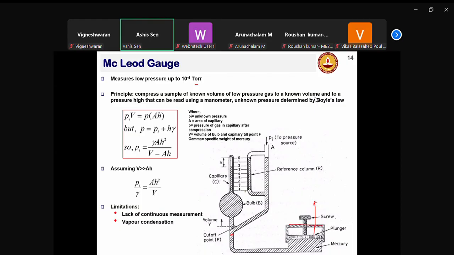Now, what is of importance is the volume V, which is from this point to this point. This amount of fluid, which is at negative pressure, is trapped. How can you trap this? You move this plunger down.